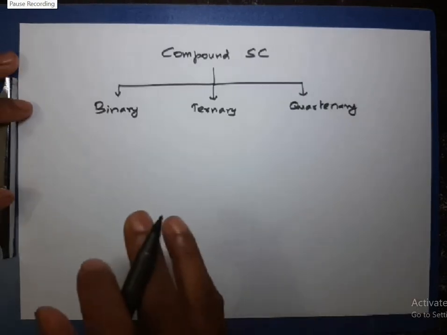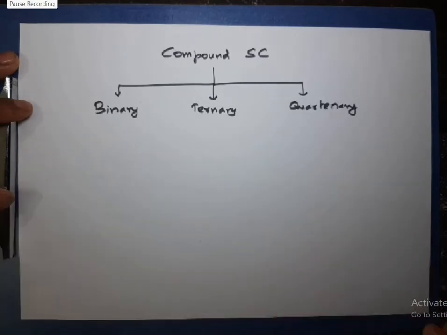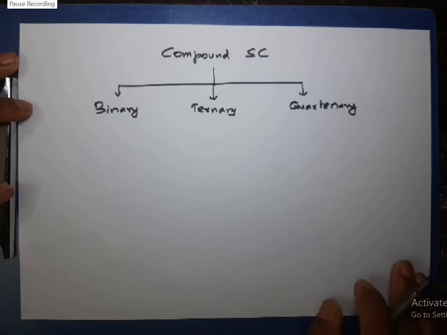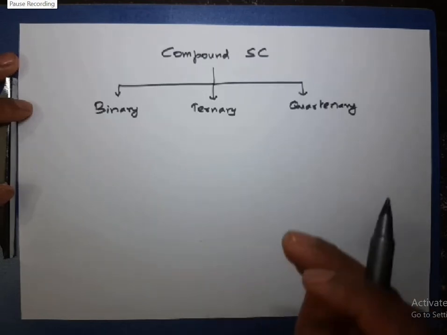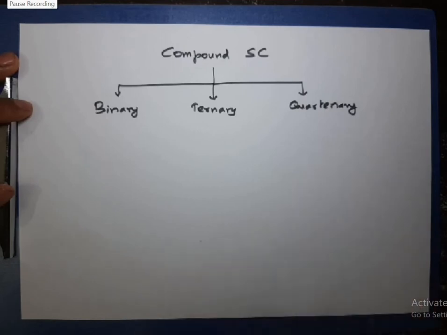But in indirect bandgap semiconductors, the energy is released predominantly in the form of heat when the transition takes place from the conduction band to the valence band.